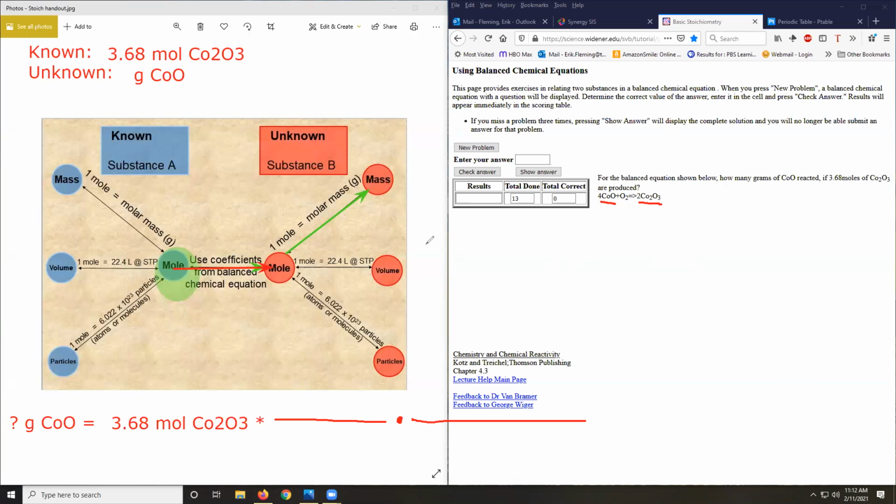Yeah, it's the same thing. Would they cancel each other out? That is entirely the point, to get them to cancel. When I write it in, which one do I want to cancel? It's always the thing that you already have. So whatever this unit is right here, I'm going to try to cancel that out. So how many moles of Co2O3 are in my balanced chemical equation?